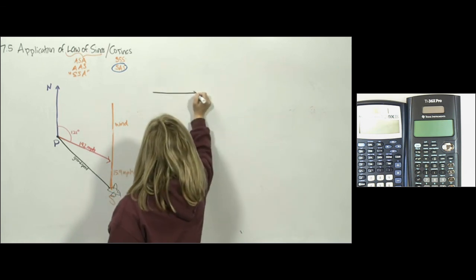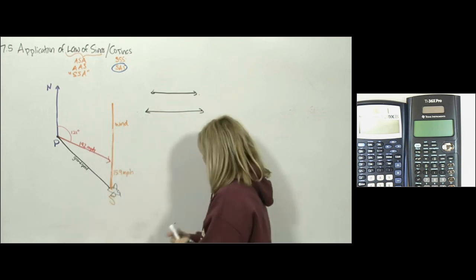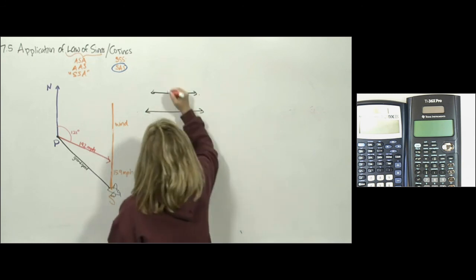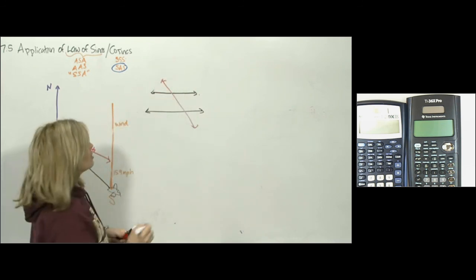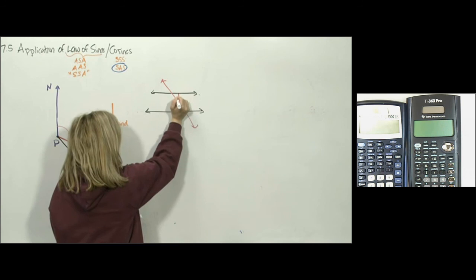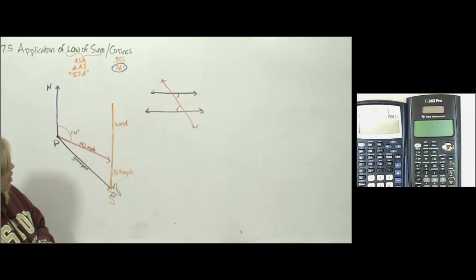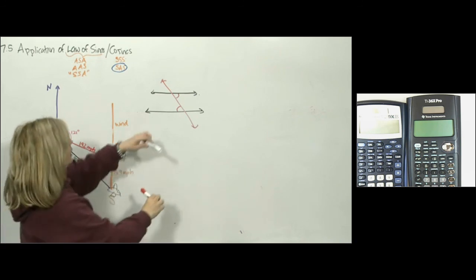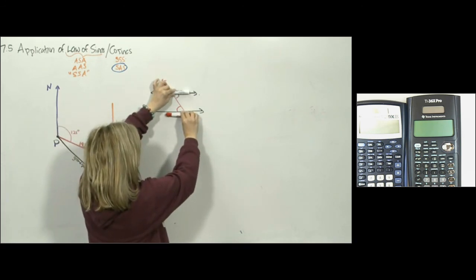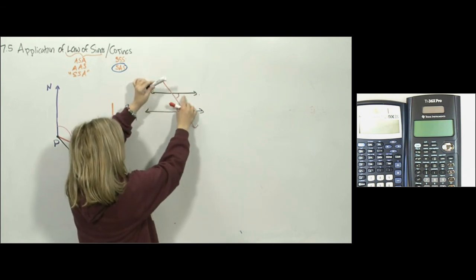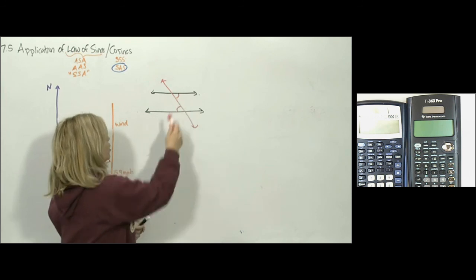When you have in geometry two parallel lines and you intersect them with another line called the transversal, there is an angle relationship between the two angles that are alternate interior. Why do we call those alternate interior? They're interior because they're inside the parallel lines. They're alternate because they're on different sides of that transversal. The relationship is they are equal.